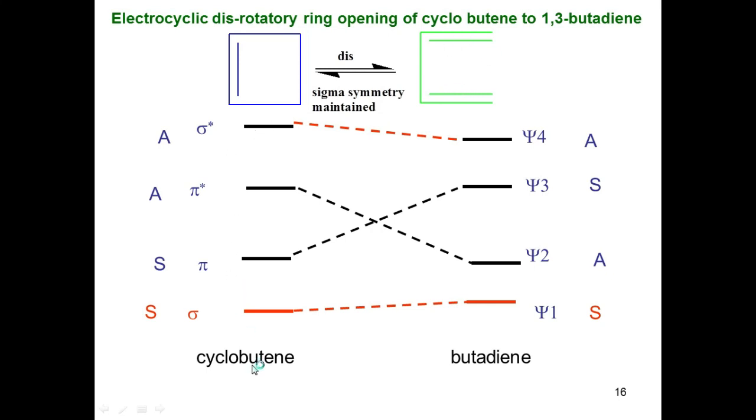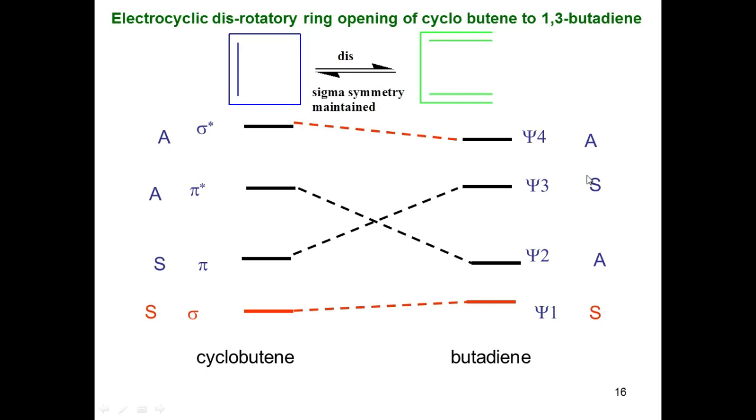Here the cyclobutene and butadiene, psi 1, psi 2, psi 3 and psi 4, and the formation of S and A, A as sigma to pi and sigma to sigma star and pi to pi star. Here are the arrangements of the butadiene, SA.